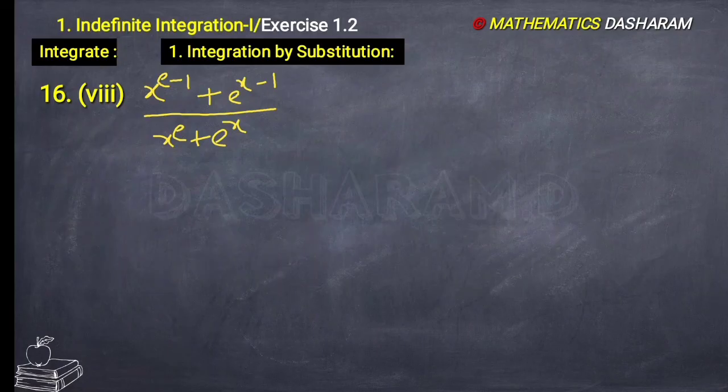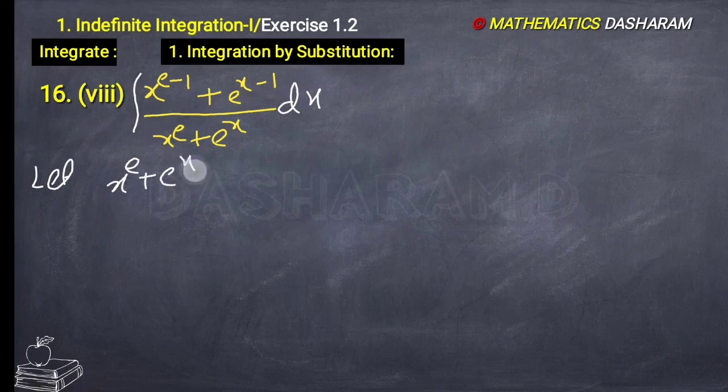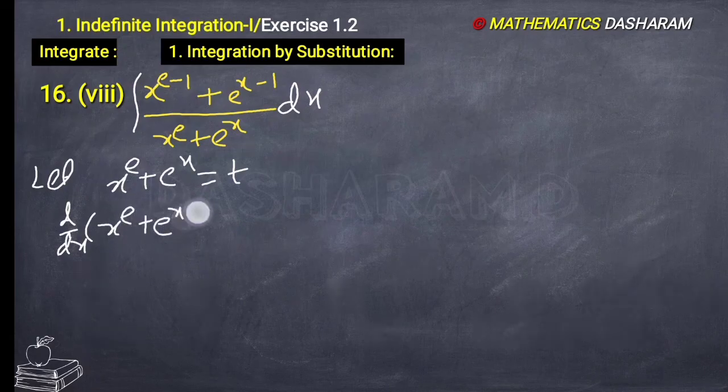Eighth question, x to the power of e minus 1 plus e to the power of x minus 1, divided by x to the power of e plus e to the power of x. See here, if you do the derivative of the denominator, then you will get the numerator. So let us select the denominator x to the power of e plus e to the power of x equals to t. Next, do the derivative on both sides with respect to x, it is equal to dt by dx.